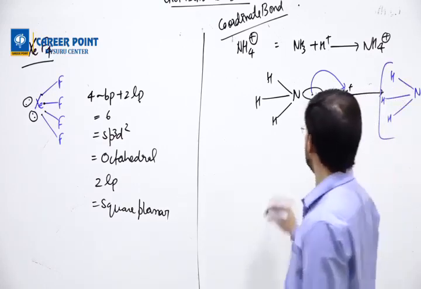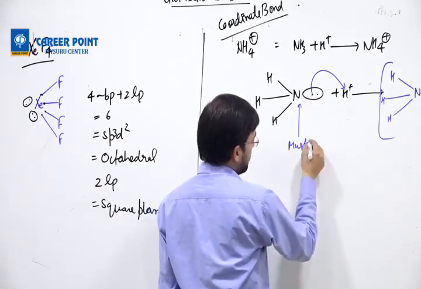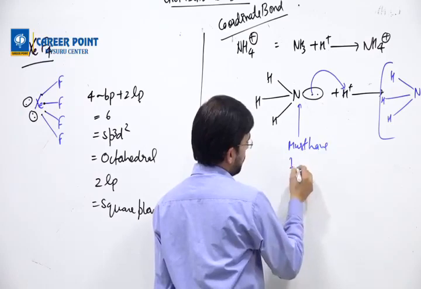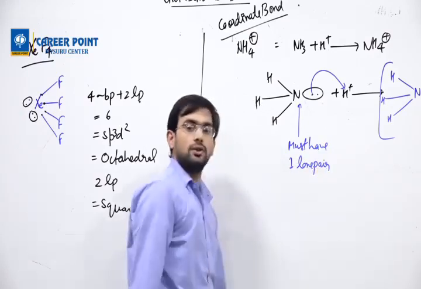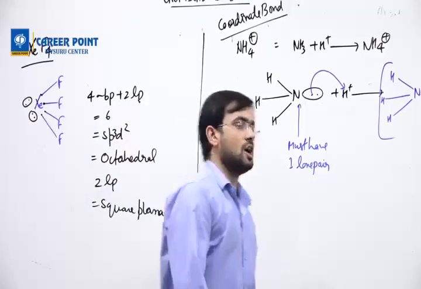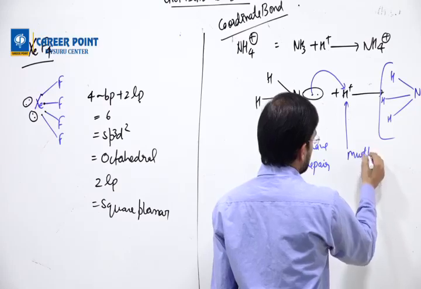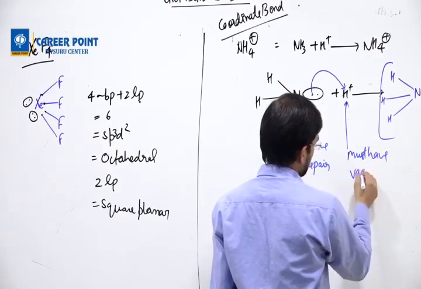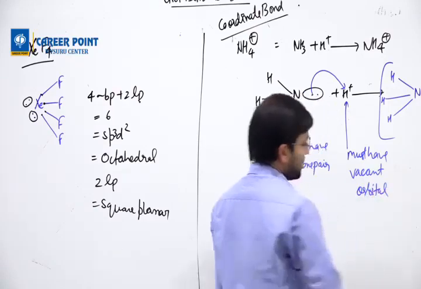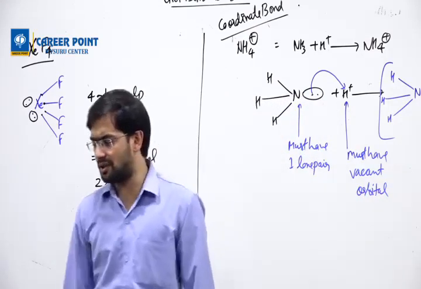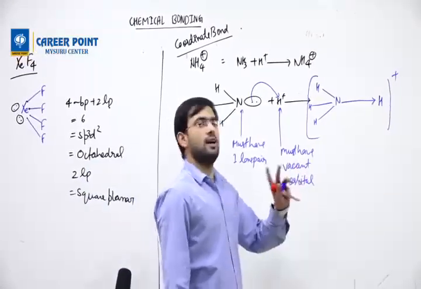Okay, so the must-have condition: those molecules or atoms which have one lone pair must have a vacant orbital. It could be s orbital, p orbital, d orbital, any orbital. It must have one lone pair, must have vacant orbital.